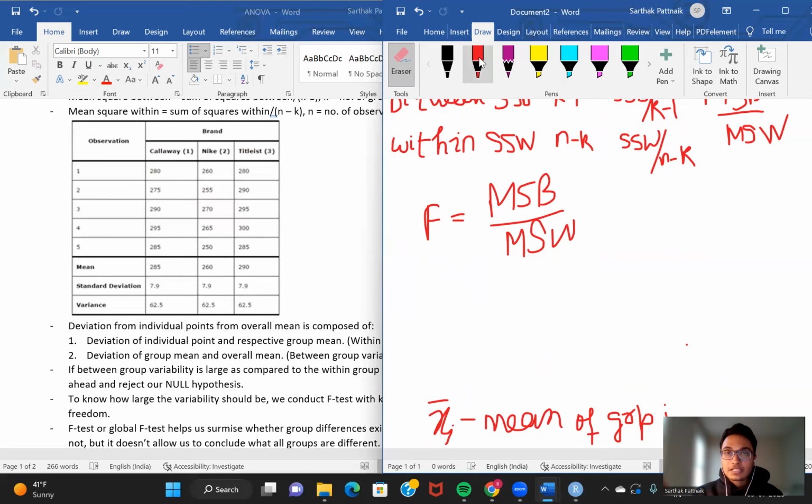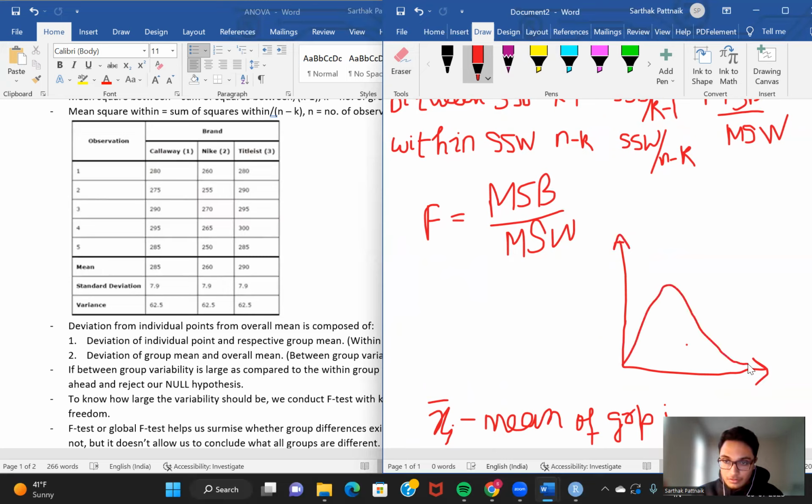If you remember in our previous session, when we discussed F test, we studied that F test is always one-sided. So this is my F critical.